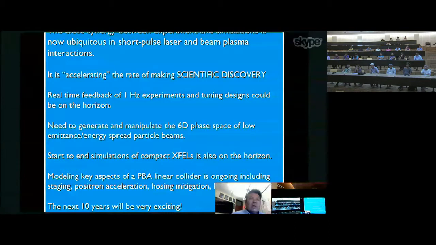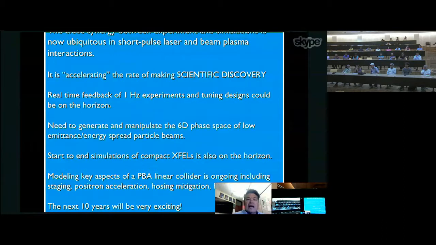We now realize, and we're working on, the need to generate and manipulate the 6D phase space of low emittance, low energy spread particle beams. Start-to-end simulations of compact FELs are on the horizon. And I really believe that if the investment was made in an experimental program anywhere, one could potentially make a compact XFEL in a 10-year horizon.